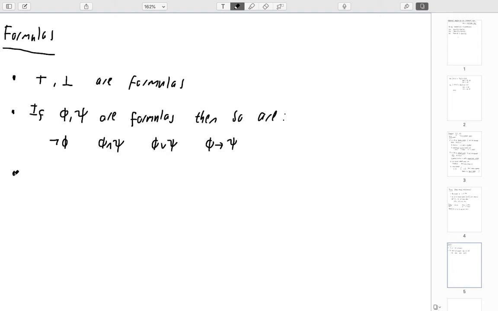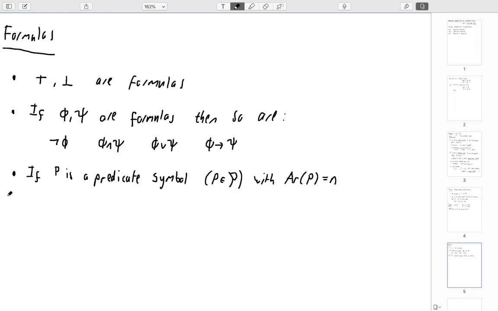The general rule for building an atomic formula is: if P is a predicate symbol declared in the signature, so P belongs to the set of predicate symbols, whose arity is n, then if we're given n terms, we can apply P to those n terms to get an atomic formula.